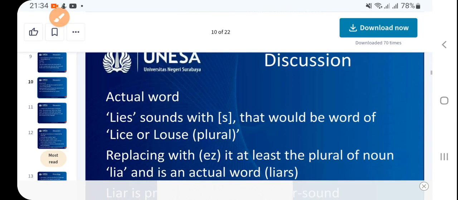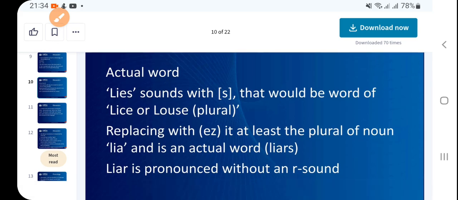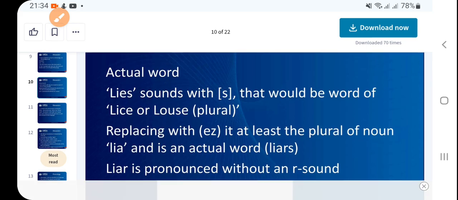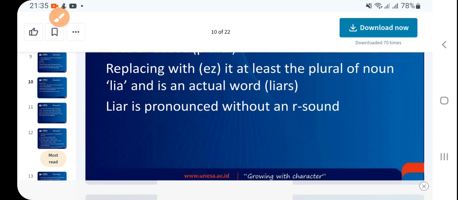So that is not actually given as a rule in grammar. An actual word, lies sounded with s, would be the word lice or louse, plural. Replacing with es, at least the plural of the noun liar is an actual word, liars. So liar is pronounced without an r sound, liar.